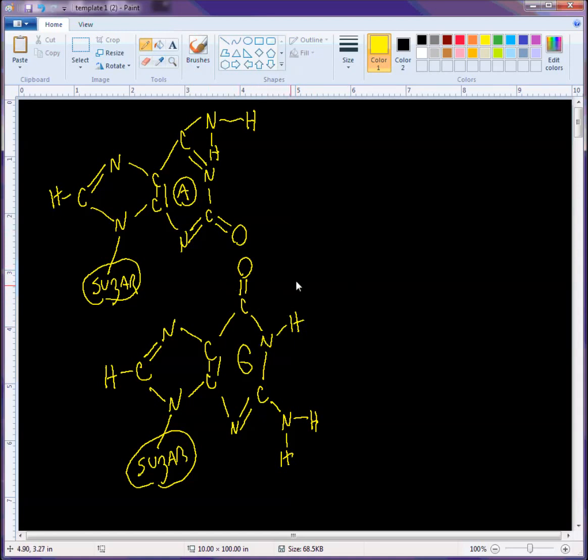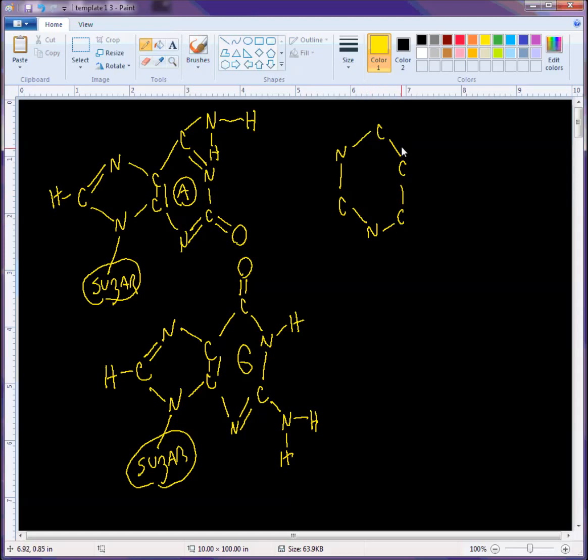So now let's draw in the thymine and the cytosine. Okay, so the thymine will go over here, and I'm going to have to draw it in a different direction than how I'm used to drawing it. I have to put the nitrogens on this side over here. Something like this would be good.